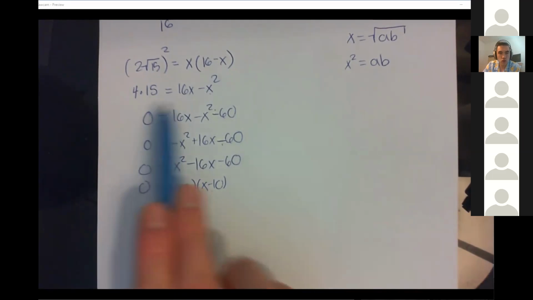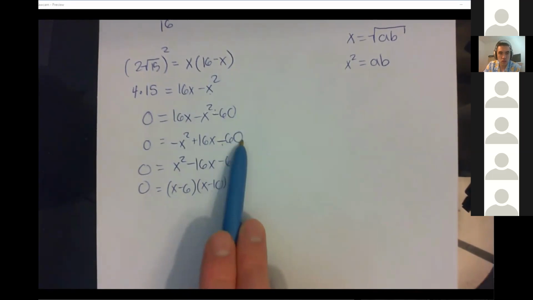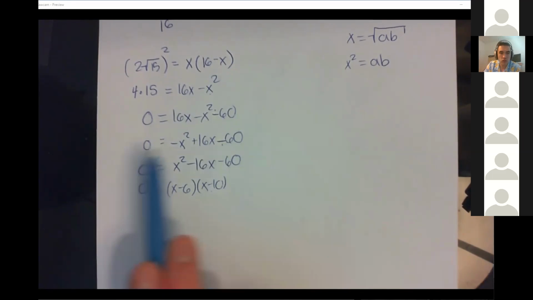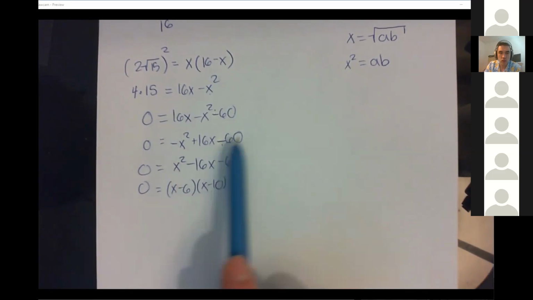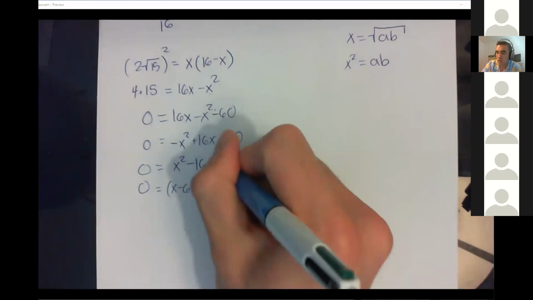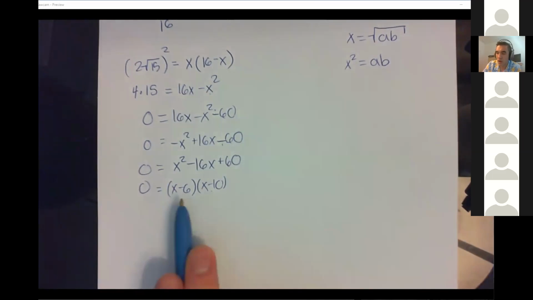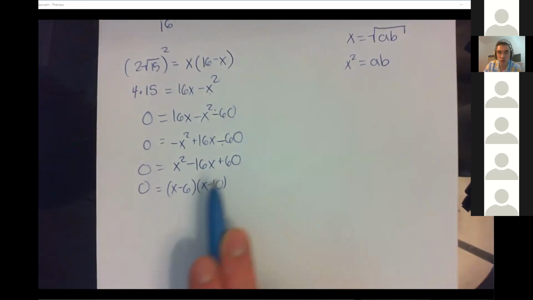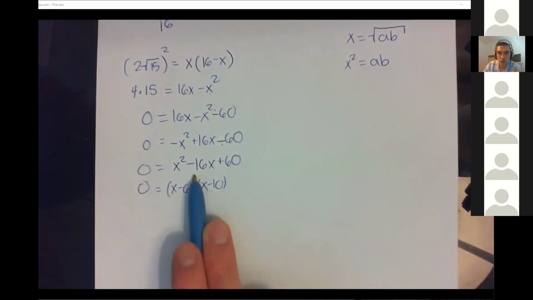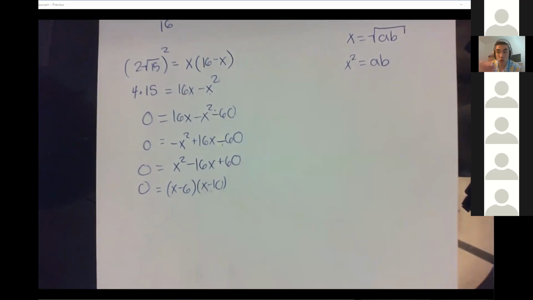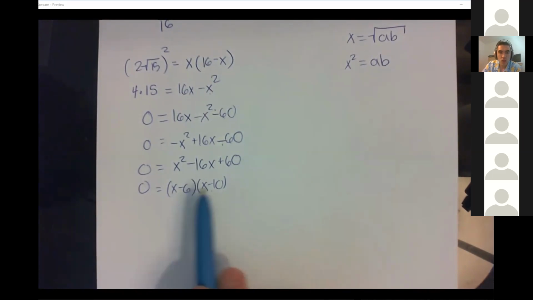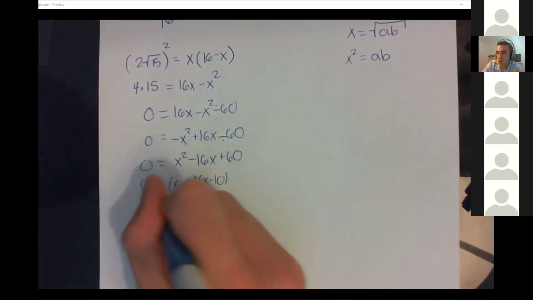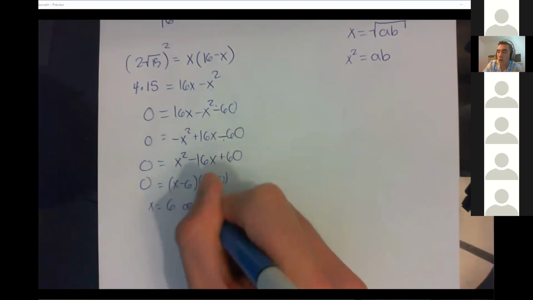I subtracted it over, so it became negative 60. And then I multiplied everything by negative 1, negative x squared, negative 16. Oh, but a negative negative becomes positive. So this is negative 60, this is positive 60, and now this is correct. A negative times a negative gives us a positive, a negative plus a negative gives us a negative. You are correct, but I made the mistake here, not here. Okay. Yeah, so this is telling us that x is equal to 6 or to 10.